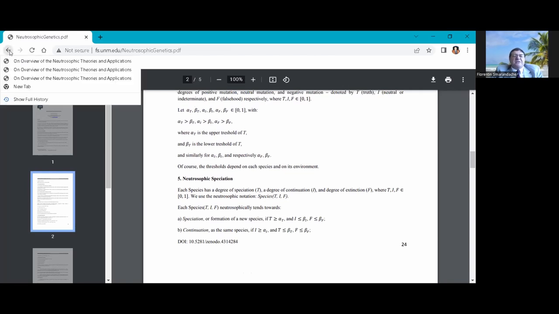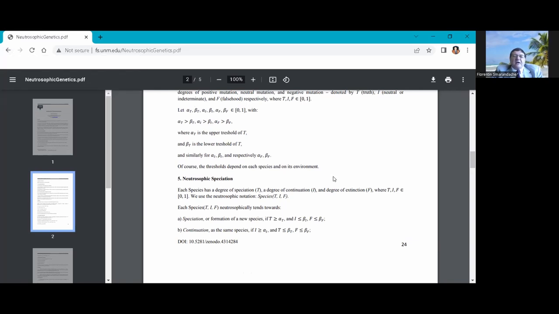And speciation, it's given for the speciation also, we say TIF degree of speciation. So we have speciation when we have actually a Neutrosophic cut, when the degree of evolution, we consider it's greater than some value, and involution, indeterminacy and falsehood or involution, it's less.